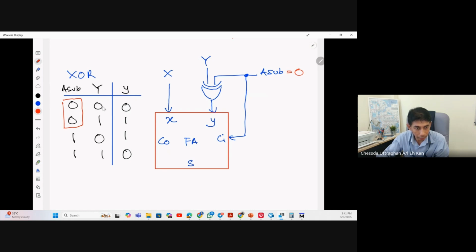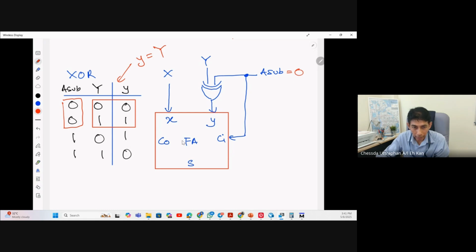You see, 0, 0, 1, 1. So this means that y is equal to Y. So there is no difference between this one and this one.